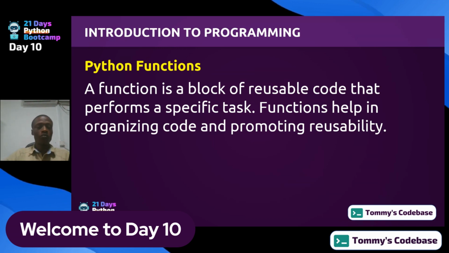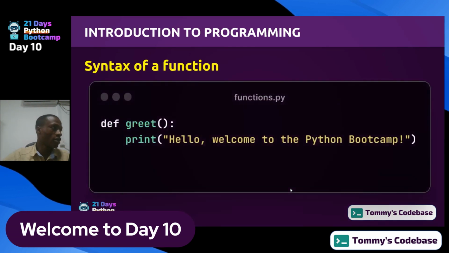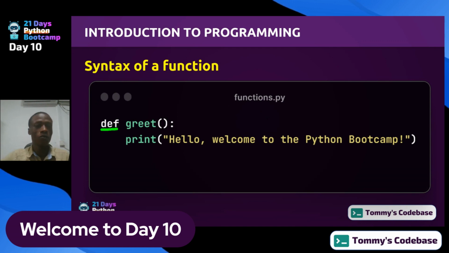And so in Python, let's look at the syntax of a function here. This is the syntax of a function in Python. You start with the def keyword, which you can think of as define.